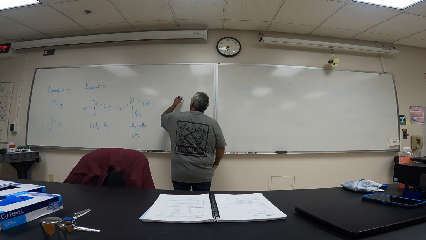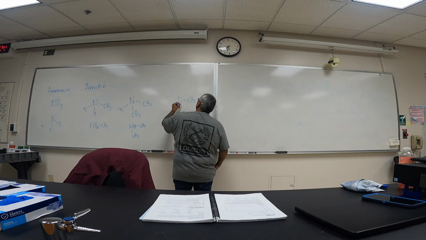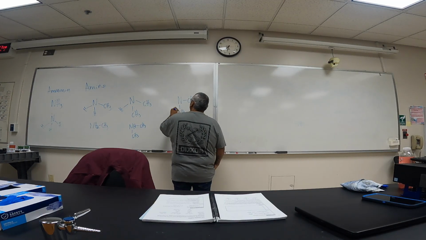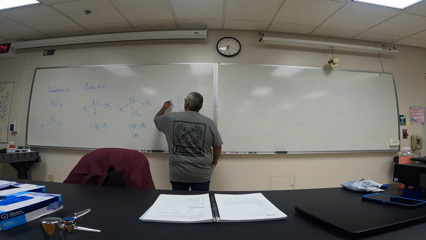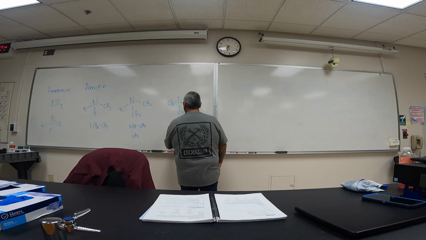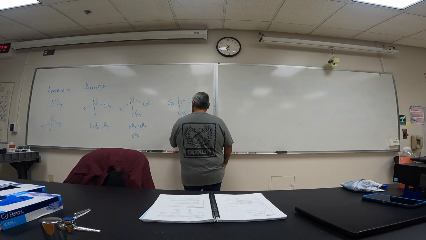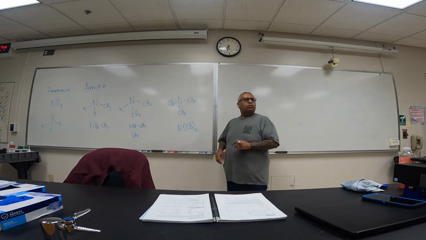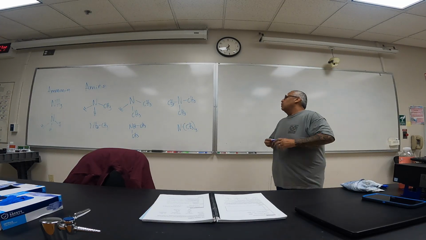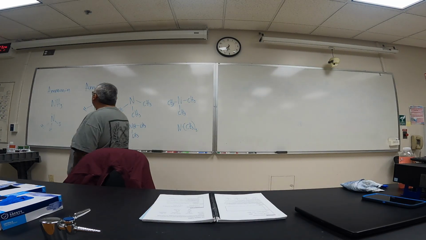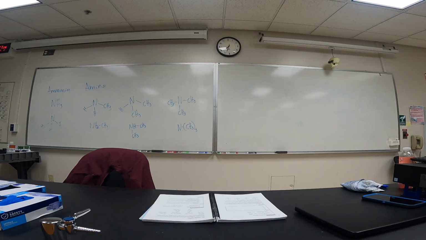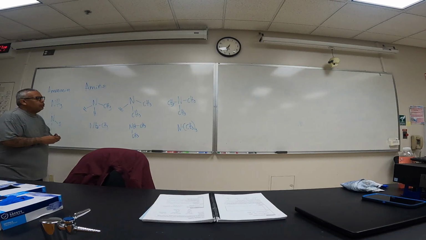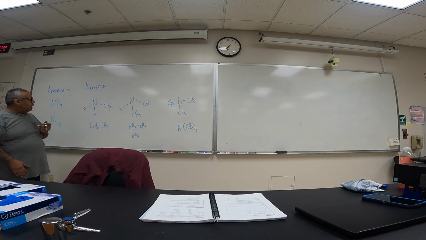And we could also write it as CH3, CH3, CH3. We could also write it in this manner over here. So these are all amine structures, and we're now going to learn how to name these amines.